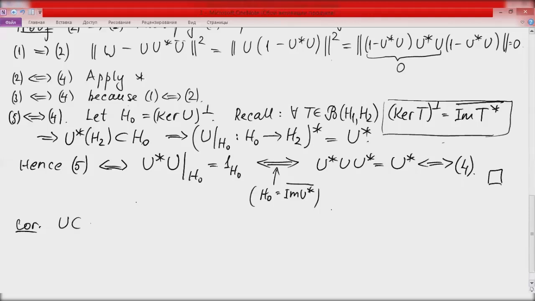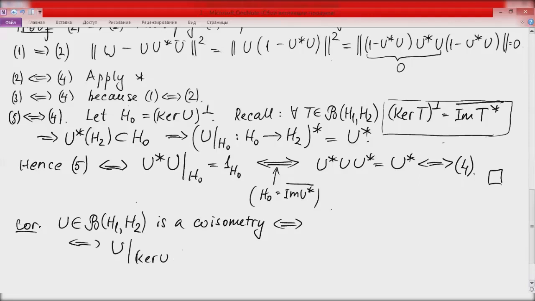A bounded linear operator U from H1 to H2 is a co-isometry if and only if the restriction of U to the orthogonal complement of the kernel is a unitary operator between this orthogonal complement and H2.